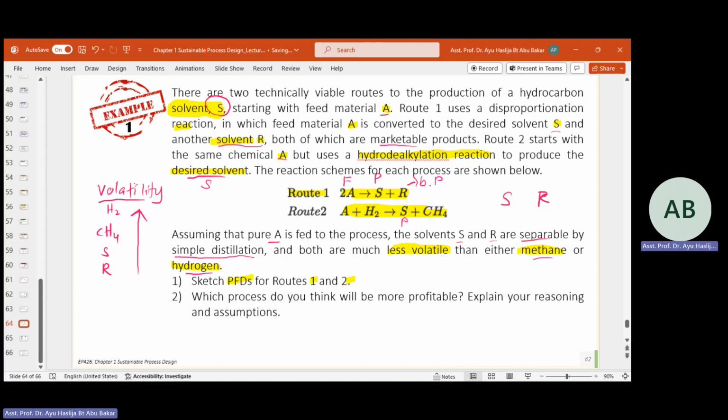For example, this one is just for example, maybe S has a boiling point of 200 degrees C and R has a boiling point of perhaps 70. Okay, the gap is big. That's why it is separable by simple distillation only. From here, it doesn't mention which one is the top and bottom product. You can assume on your own. So let's say this is my assumption. So will S be the top or bottom product?